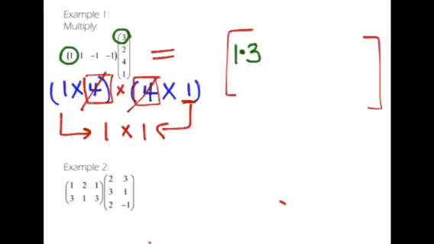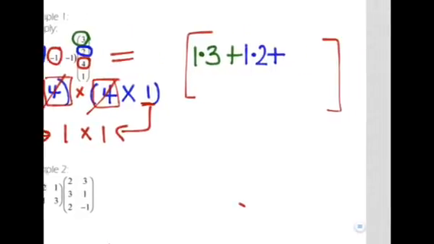This is where matrix multiplication starts to get weird. Then you add. You then go to the second entry in your first matrix and multiply it by the second entry in your second matrix. 1 times 2. Plus. The third number gets multiplied by the third number.